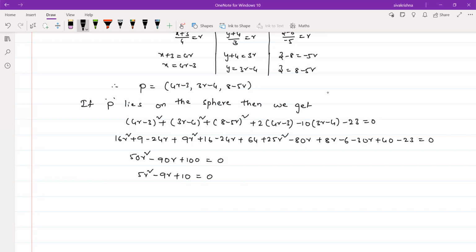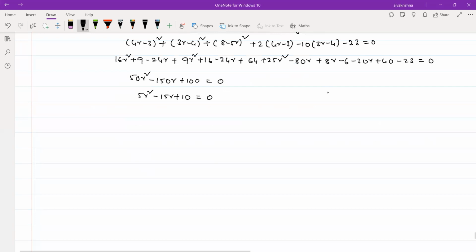Once again, if we cancel 5, we get r square minus 3r plus 2 is equal to 0. This is a quadratic equation in r.